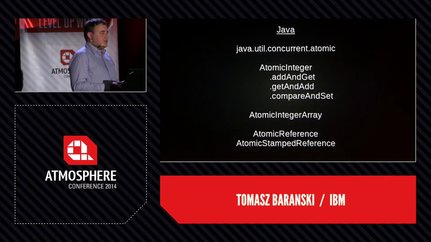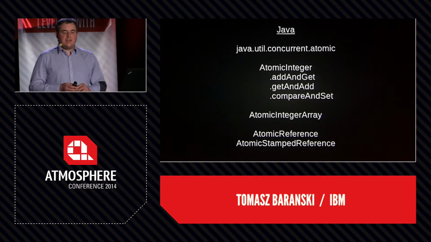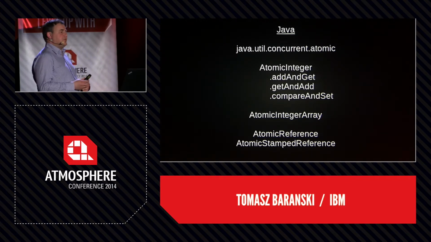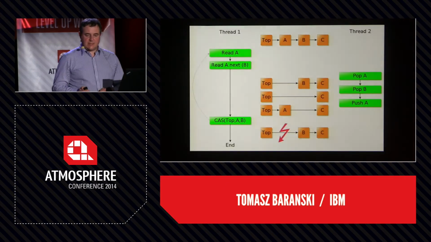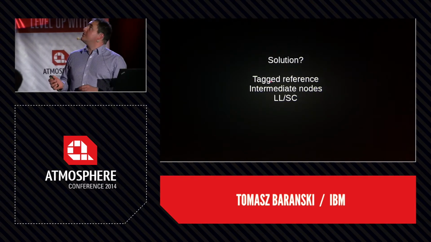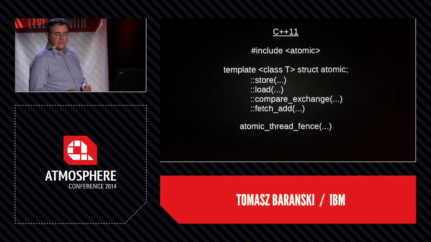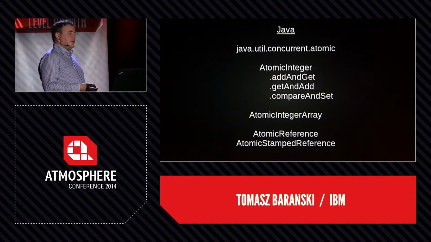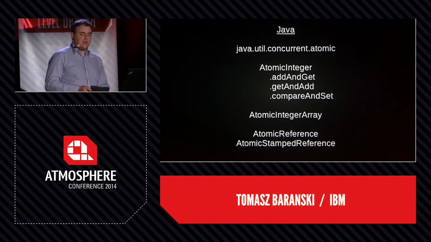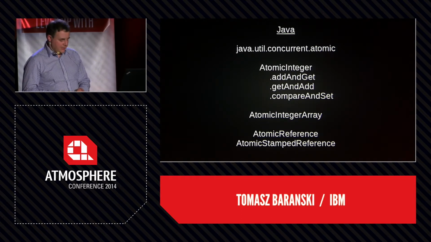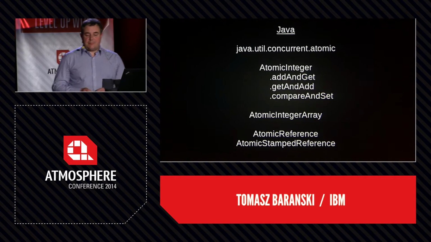AtomicReference is used to hold a reference to another object, and Java has a nice thing called AtomicStampedReference. It holds the reference to an object along with a stamp, as they call it, an int value that uniquely identifies our reference. There is also AtomicMarkableReference, where the stamp is not an int but a bit value.